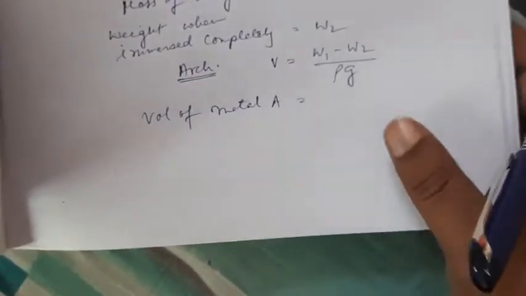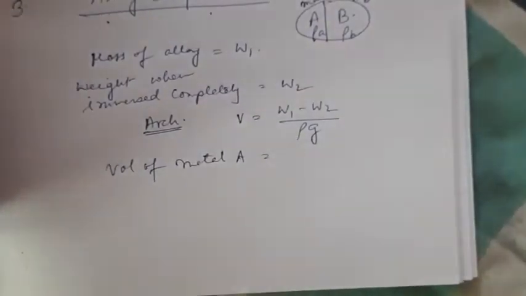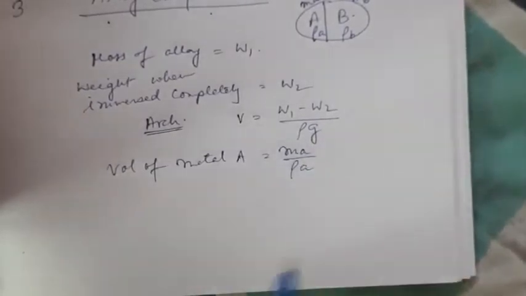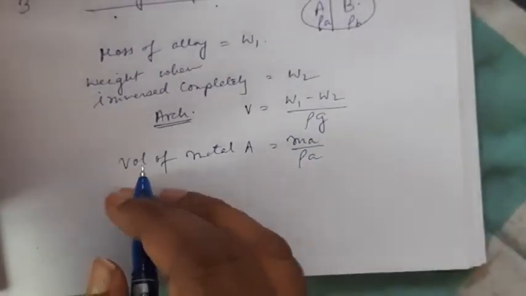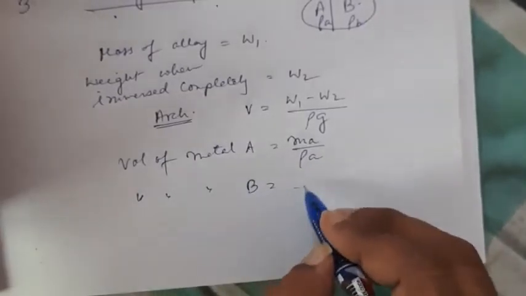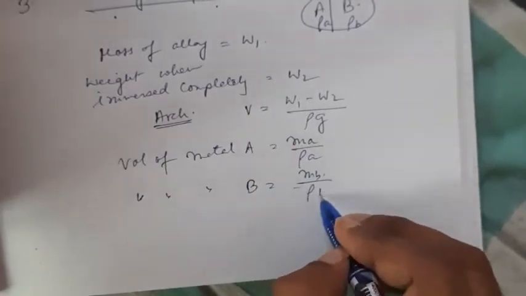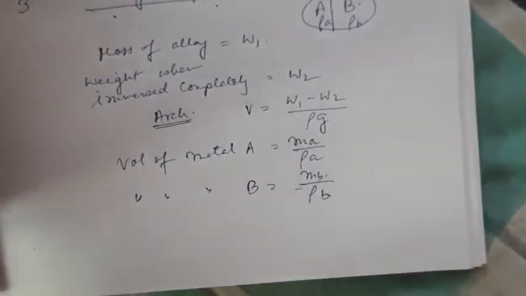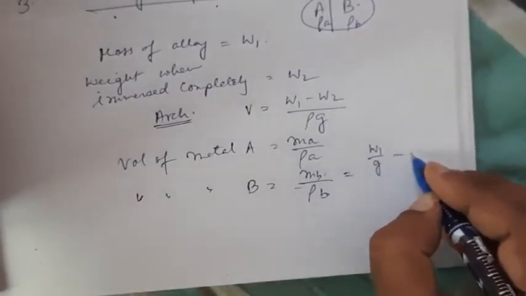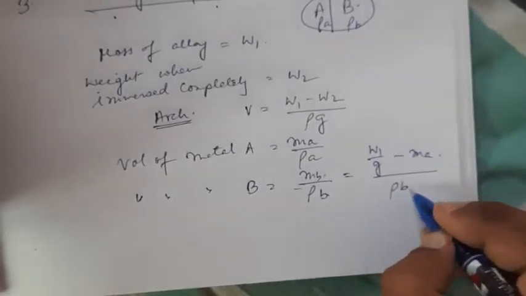Volume means mass by density. So Ma by rho A. Again, the volume of metal B is Mb by rho B, equal to (W1 by G minus Ma) by rho B.